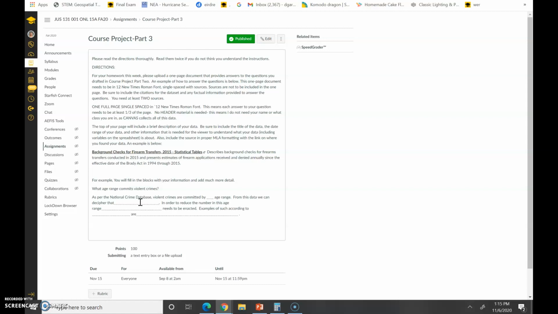In order to reduce the number in this age range, it looks as if we need to figure out what individuals between the ages of 18 and 24 are doing in their free time. Maybe they are the most unemployed in your specific state. Maybe they are the individuals that don't have college degrees, or maybe they just can't seem to find work, or they're the ones that are laid off the most.